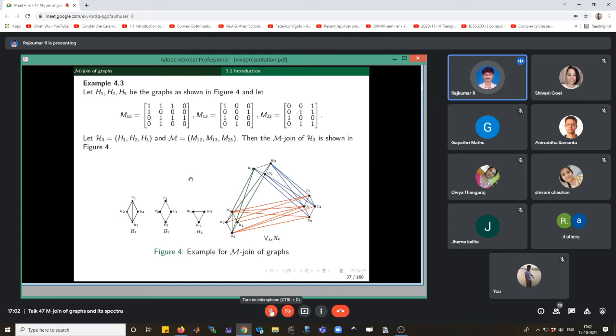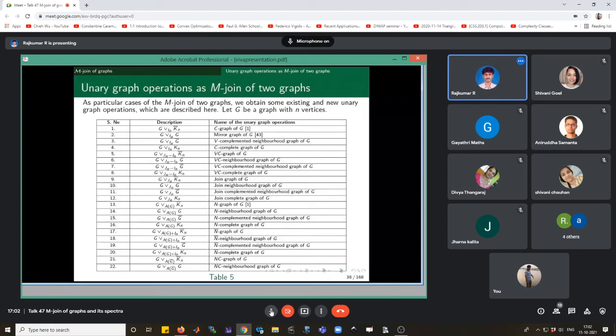Now, as a particular case of this M join of graphs, we obtain several existing unary graph operations as well as several new unary graph operations, which are listed in this paper.